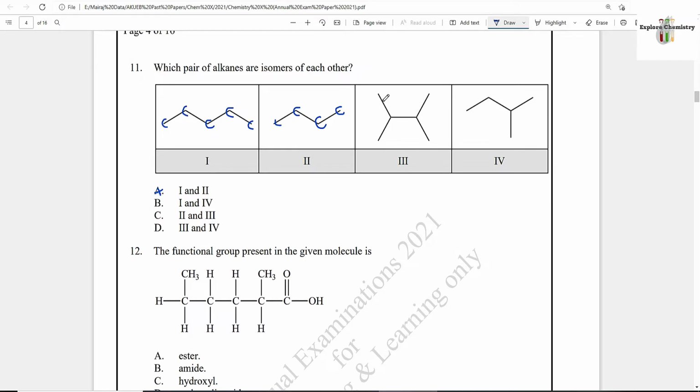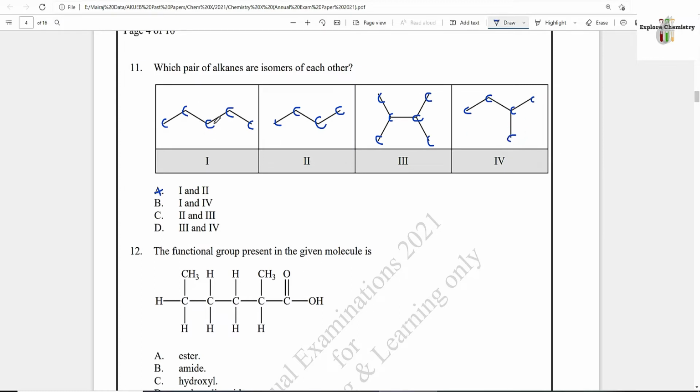In option 3, let's check how many carbon atoms are present. 1, 2, 3, 4, 5, 6. So 2 and 3 are also not isomers of each other, and 1 and 3 also, but 1 and 3 are not present in any option. In option 4, let's count the number of atoms. 1, 2, 3, 4 and 5 carbon atoms.